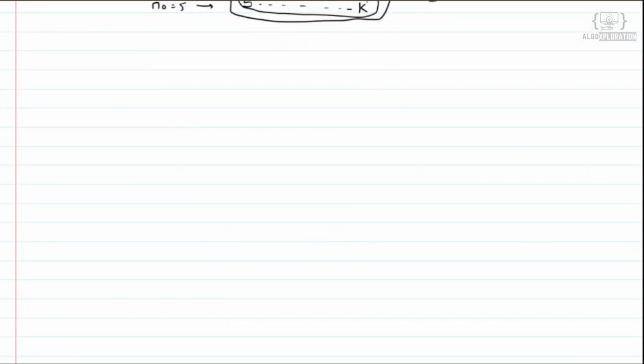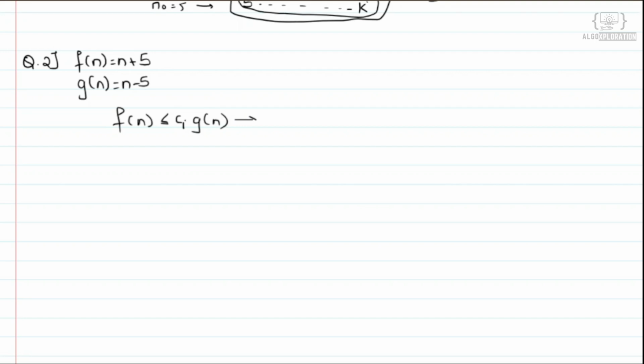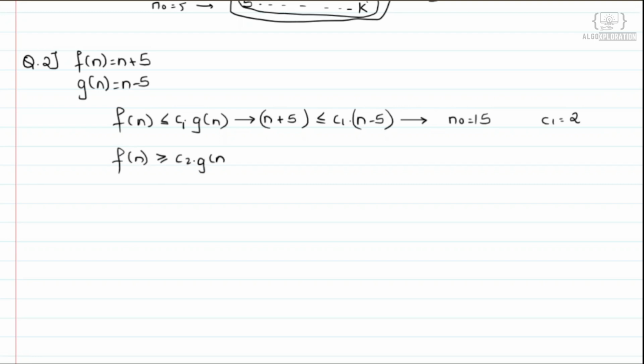Now let's solve the next question. Let's substitute in the equation f of n less than or equal to c1 into g of n. We get n plus 5 is less than or equal to c1 into n minus 5. So we get n naught as 15 and c1 as 2. Let's substitute in the second equation. f of n is greater than or equal to c2 into g of n.